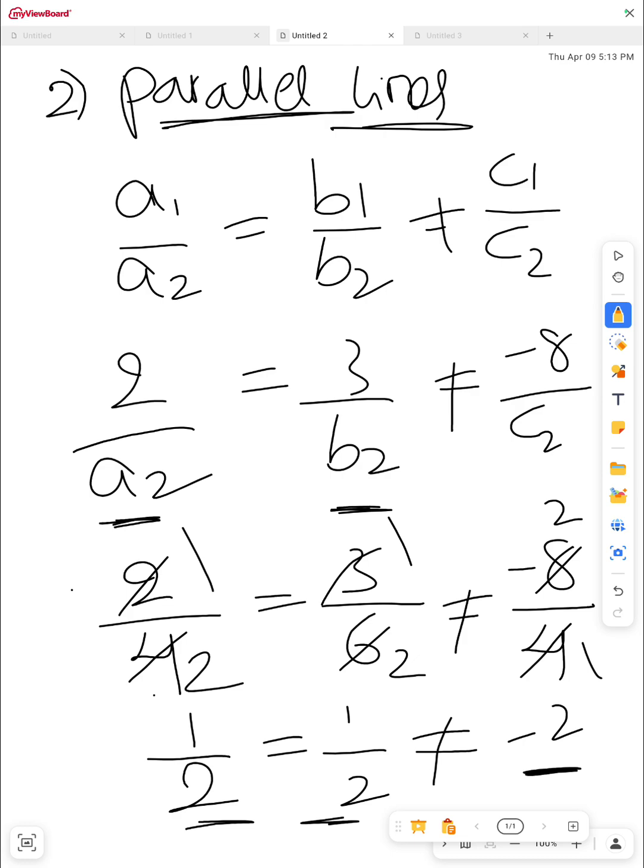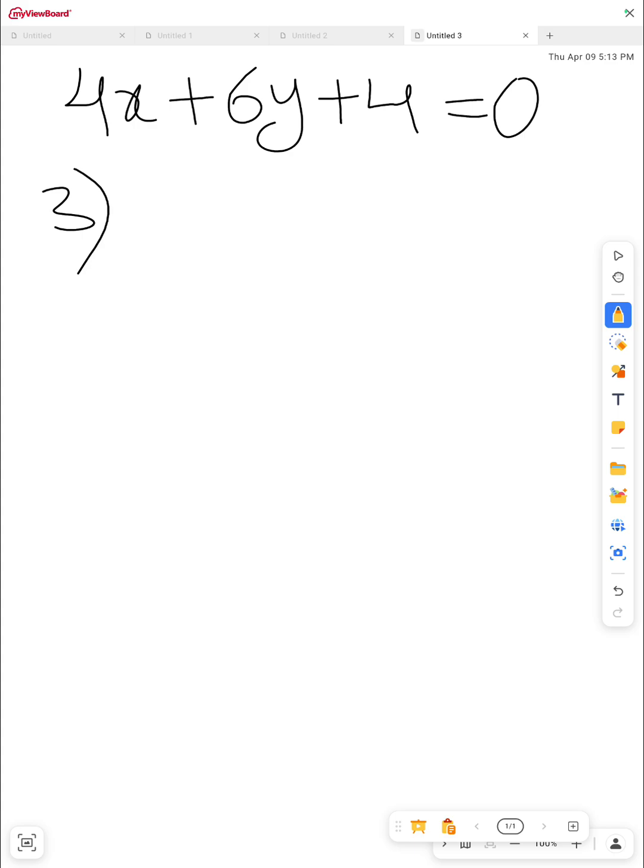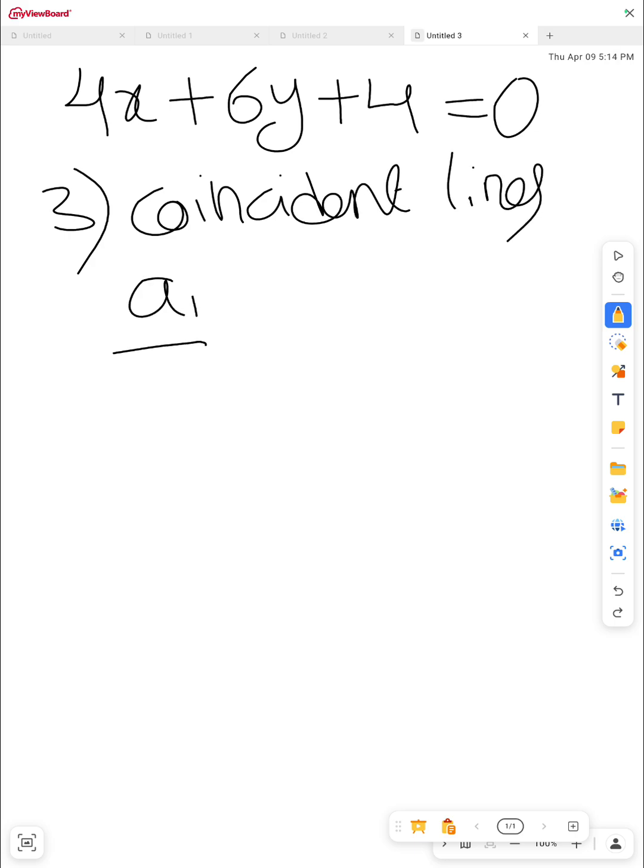Now we will look for the third one. What is the third one? It is coincident lines. Now what is the condition? All should be equal: a1 by a2 is equal to b1 by b2 is equal to c1 by c2.